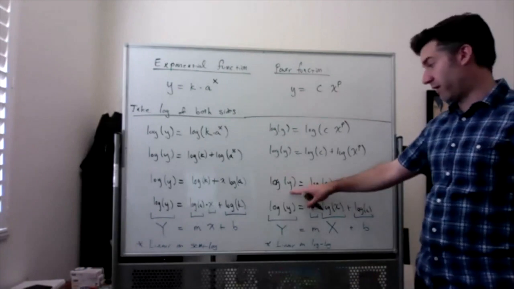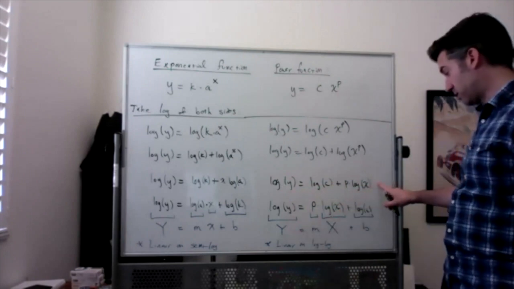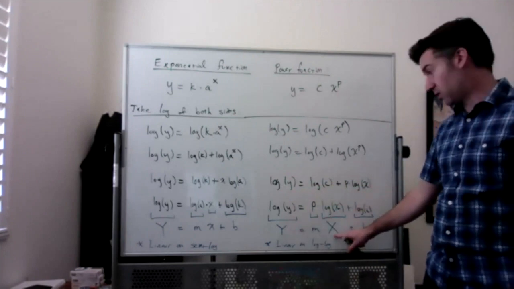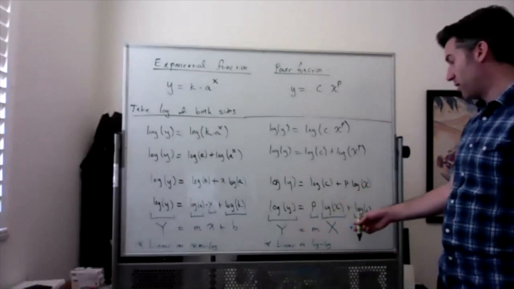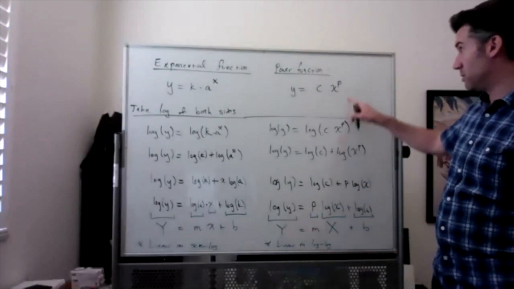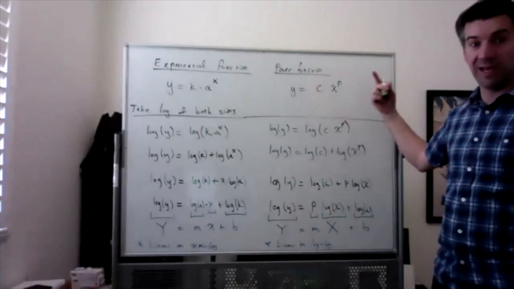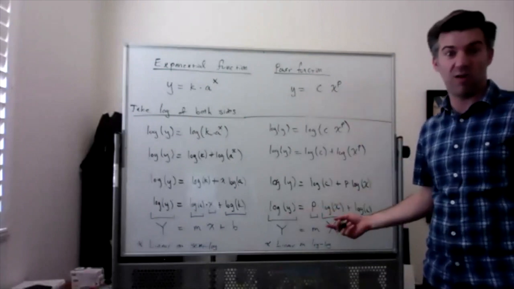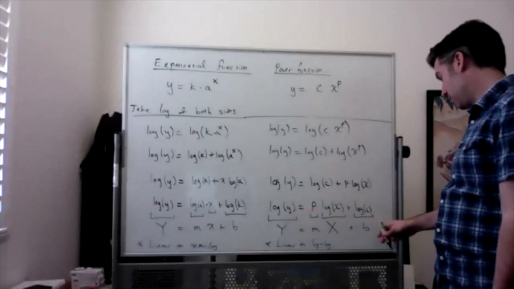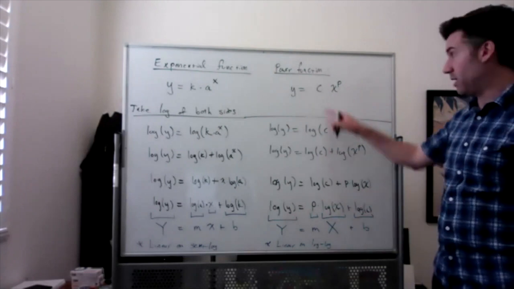Log of y is going to turn into capital Y, and log of x is going to turn into capital X. So here we end up with capital Y equals mx plus b, where the slope of it is this power of x, right? So if you see a power function, the power there is the slope of your linear line in the log-log graph, and your vertical axis intercept is the log of your constant out in front.